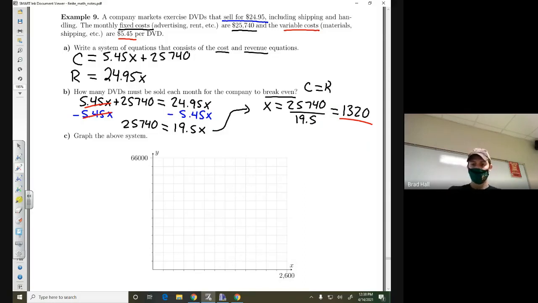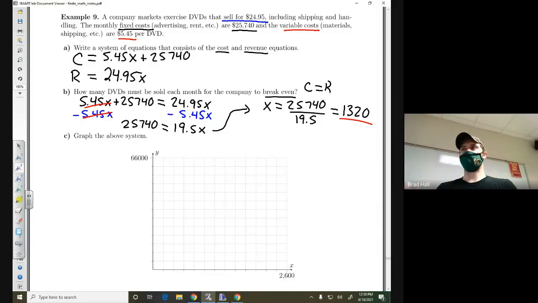If not, so they want us to graph the above system as well. Now, the good news here is for this part of the homework, this is multiple choice, so we don't have to be too rigorous. Something you might notice though is that this graph only shows the first quadrant. It's not a full graph where you see the negative x values and the negative y values.